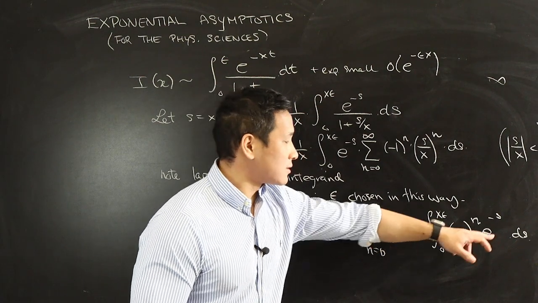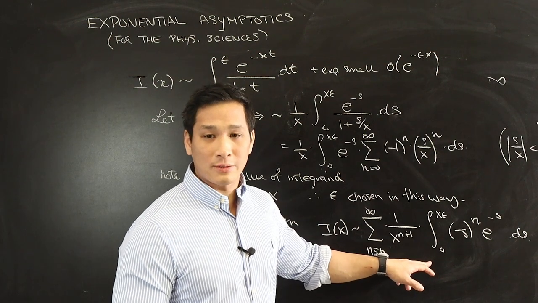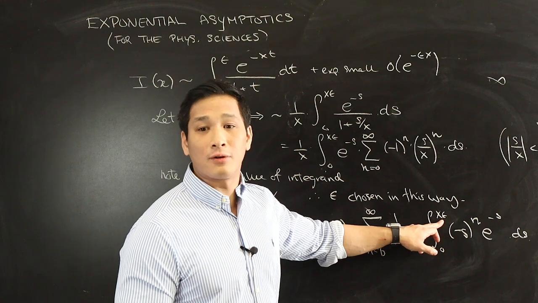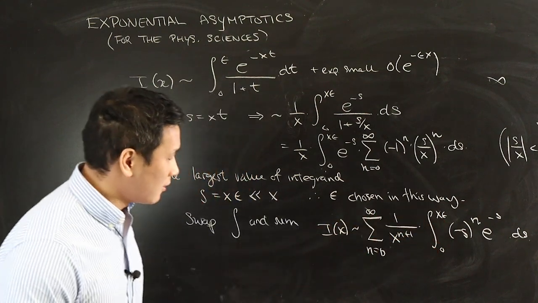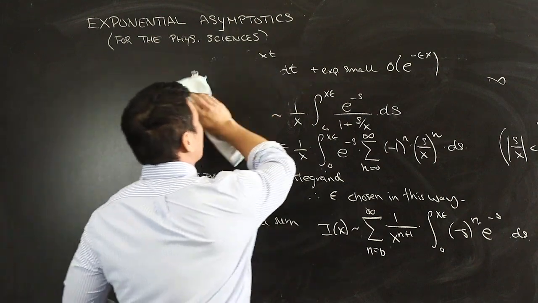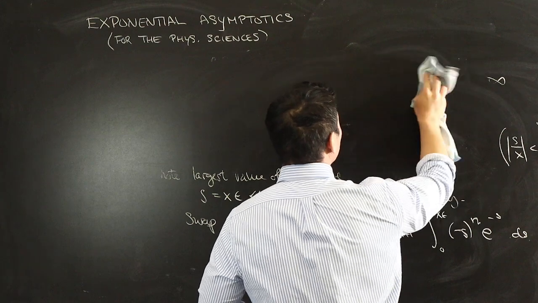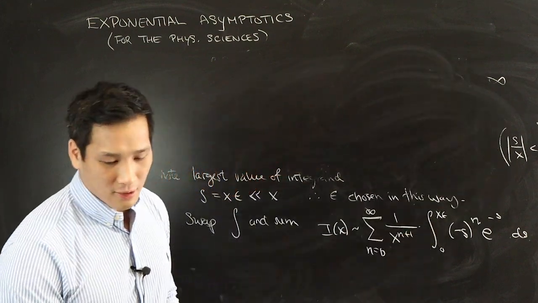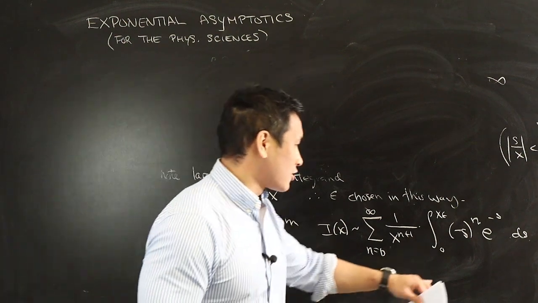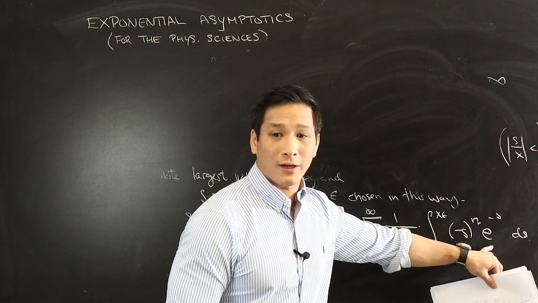So this integral can be essentially approximated up to exponentially small corrections just by extending this limit of x times epsilon to infinity. Okay? And that's kind of the key trick to a lot of these approximations. Basically, you took an integrand, you expanded it around 0 to simplify a lot of the expressions. Eventually, you have this, and then now you can re-extend it to infinity because of this e to the minus s factor.